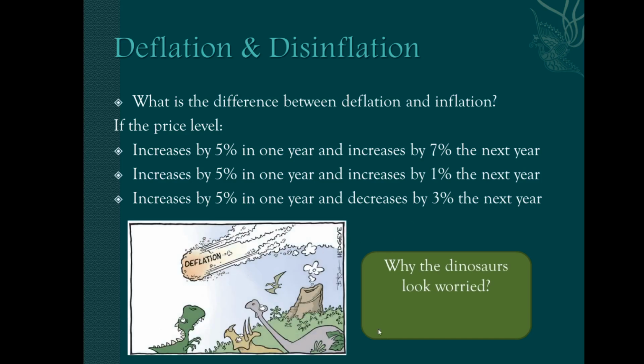When you look at the dinosaurs, look at the picture. Why do they look so worried when the deflation is about to drop to the ground? Why is that? Can you finish the story?